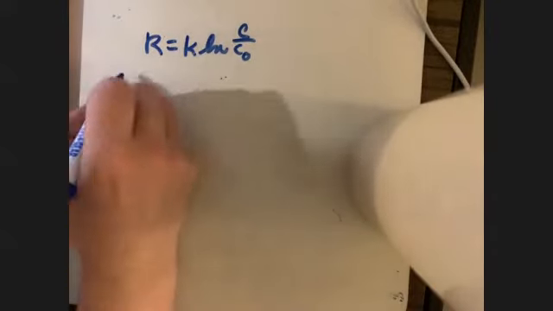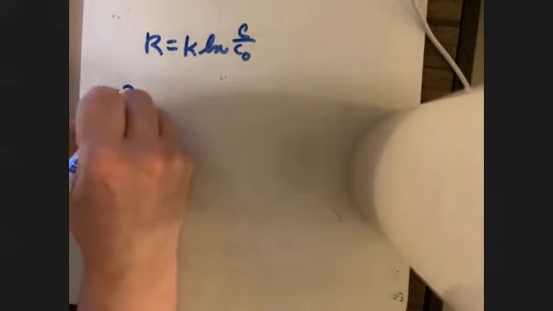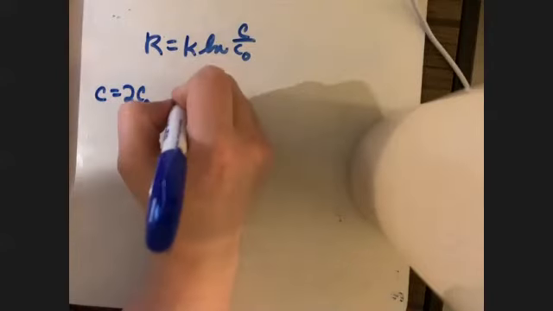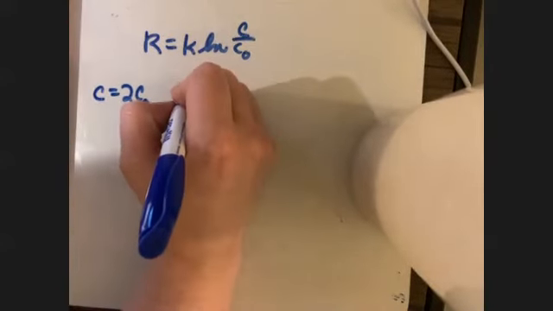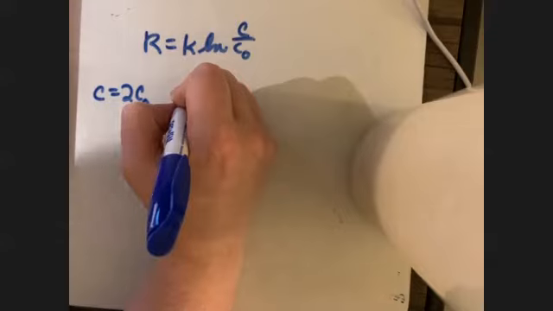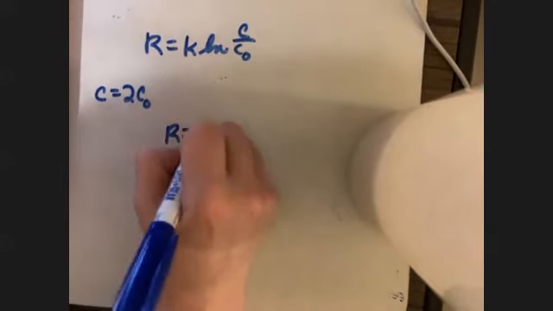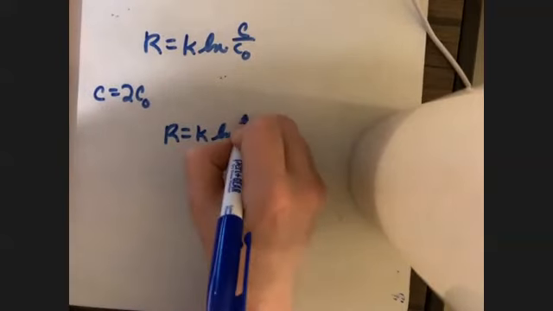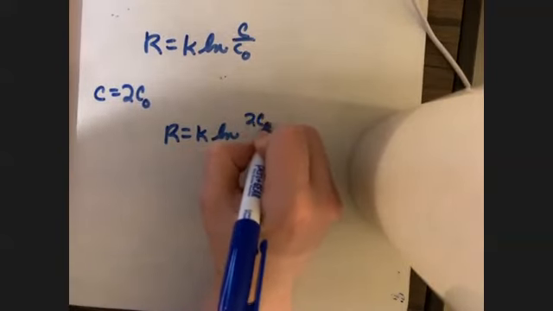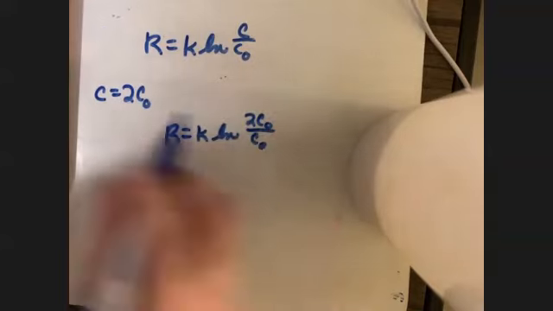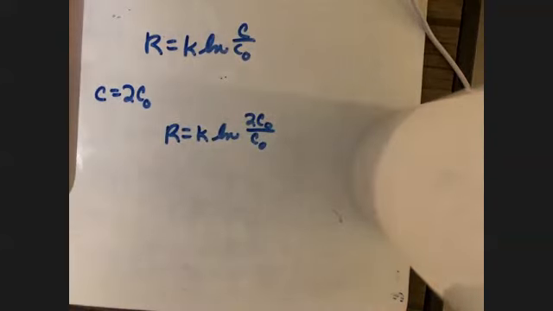Now they say if C is 2C0, they want to know, is this linear or logarithmic? So we're going to plug this in. R equals K natural log of 2C0 over C0, and the C0 is going to cross off.